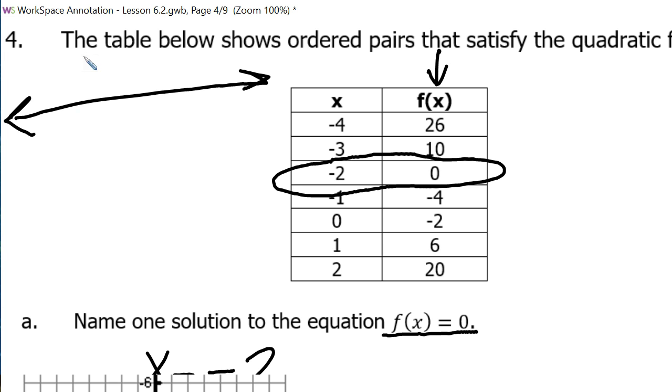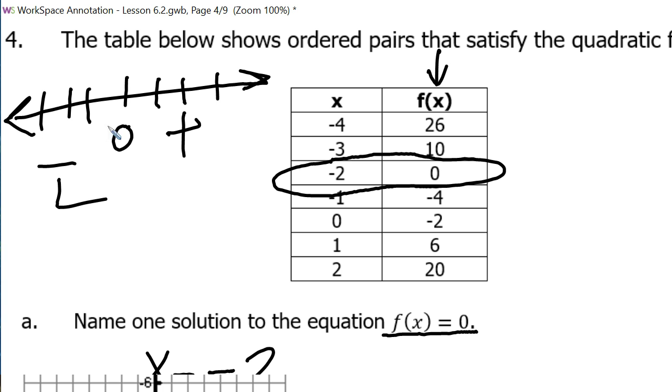So think about the number line. We normally have 0 in the middle, and what numbers are on the right side of 0? Positive numbers. And what numbers are on the left side of 0? Negative. So I know that 0 is going to fall somewhere between a negative number and a positive number.